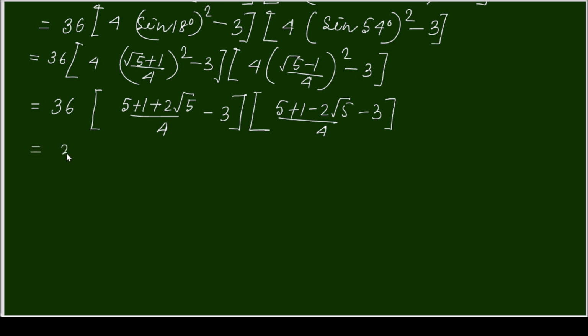So 36 into, it will be 6 plus 2 root 5 by 4 minus 3, which is 2 root 5 minus 6 by 4, into 6 minus 2 root 5 by 4 minus 3.